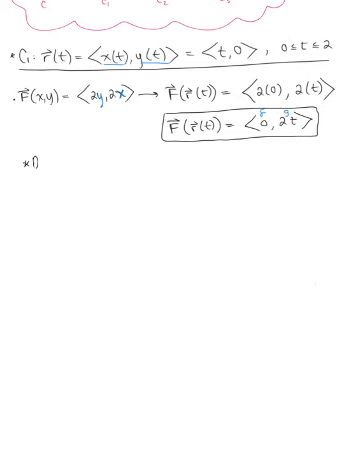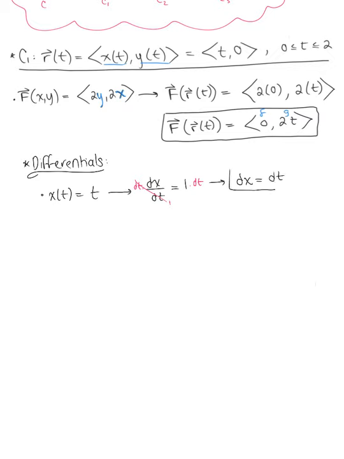So we also need to go ahead and find the differentials here. So using the components of our parameterization, we know that x of t is defined as t. So if we differentiate this with respect to t, we have dx dt is equal to 1. And then multiplying both sides of our equation here by dt, we can solve to find the differential dx is equal to dt.